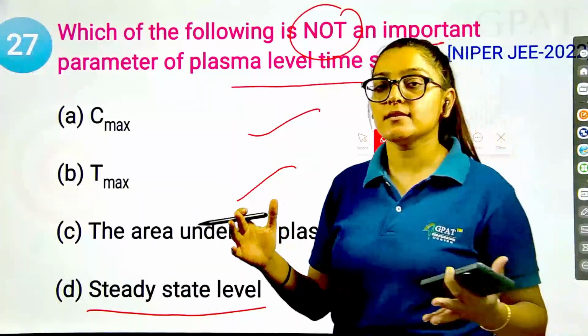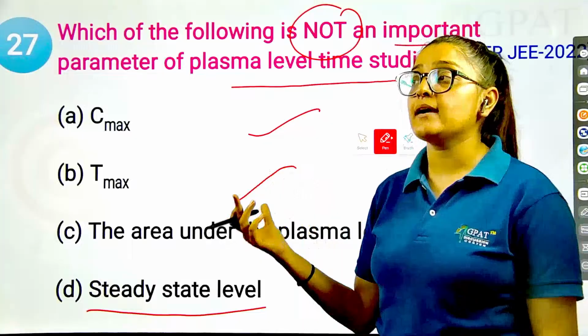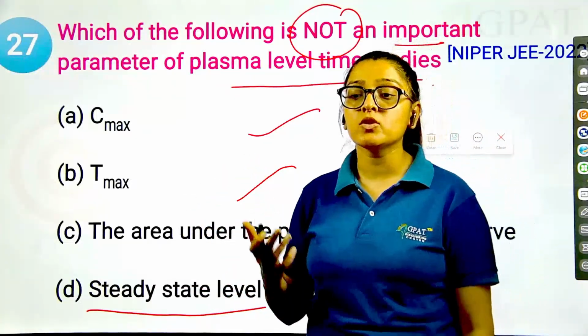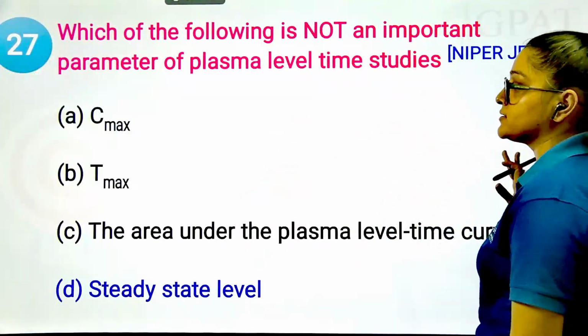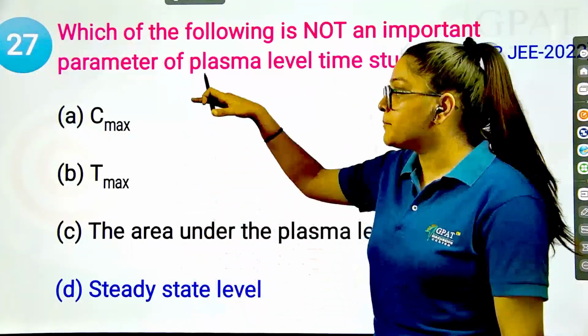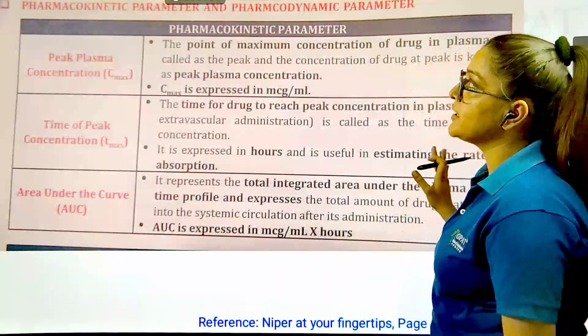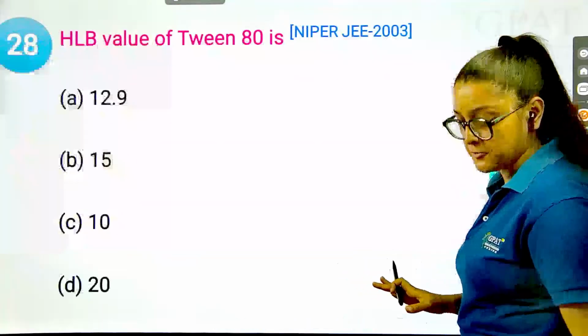In that scenario, we say that steady state has been achieved. During that, we take into account the loading dose and maintenance dose, not such plasma level studies. Although definitely it is correlated, for a direct answer option D is correct. Generally, the main pharmacokinetic parameters are Cmax, Tmax, and AUC.